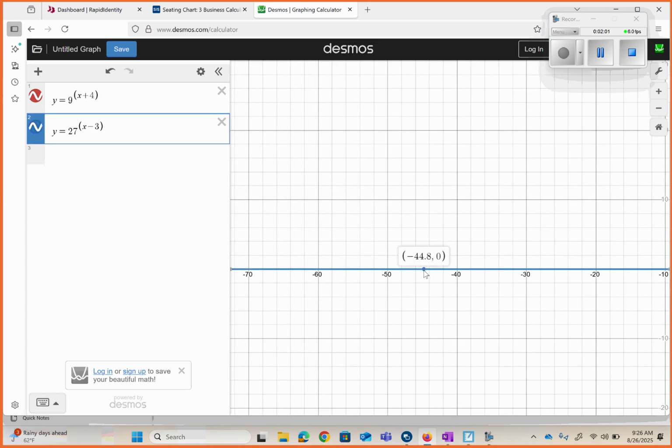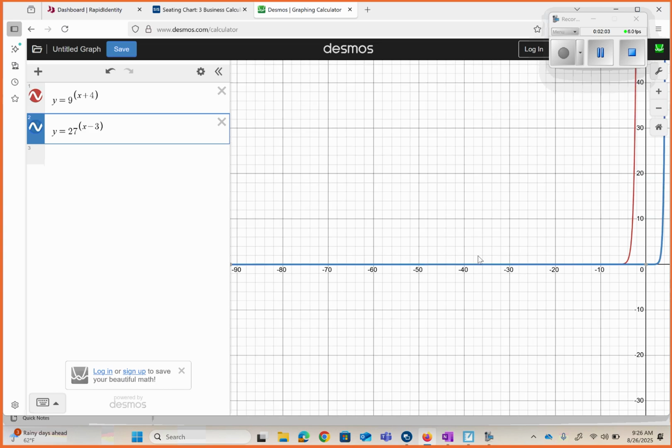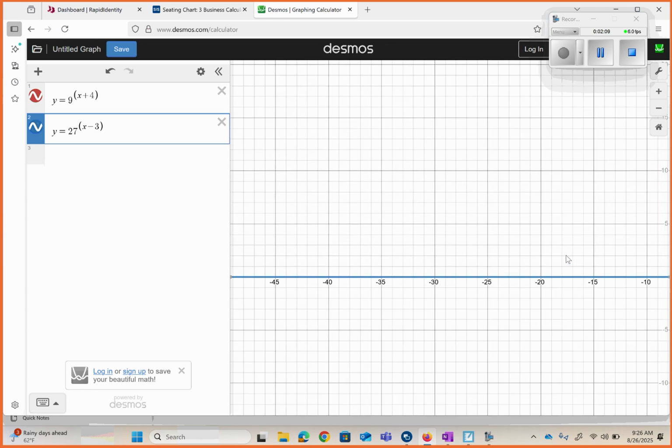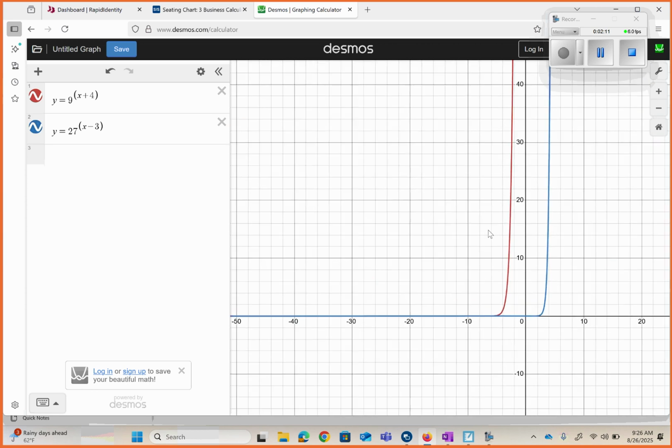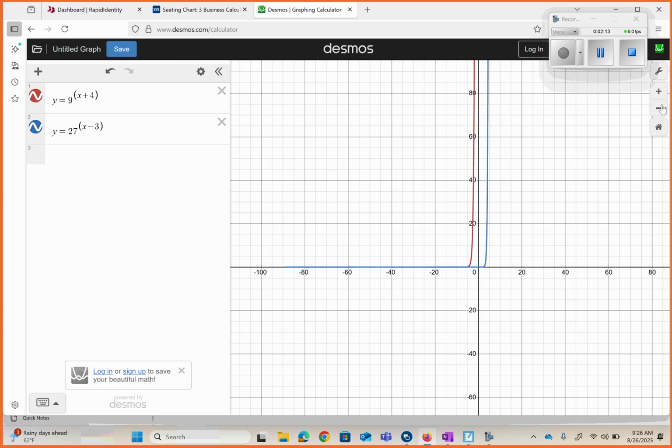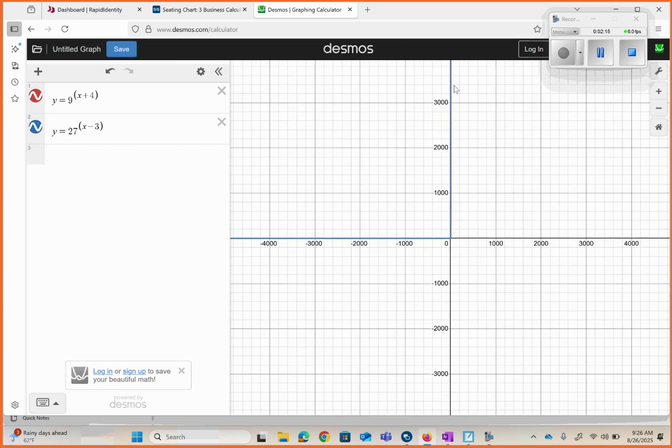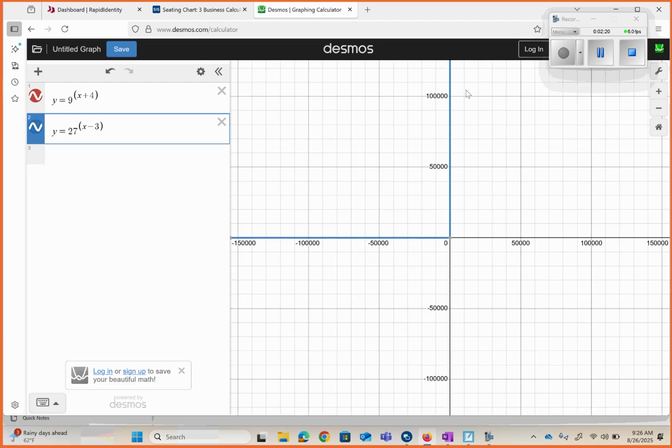I don't think it's going to be some wacky number like that. They won't intersect at some high value. I mean, we can double check. We can scroll out and see if we get something in the decimal range.